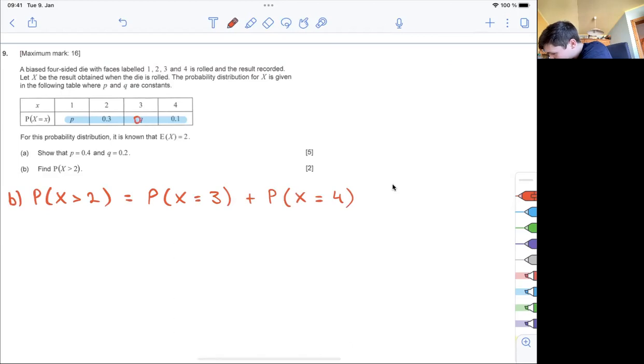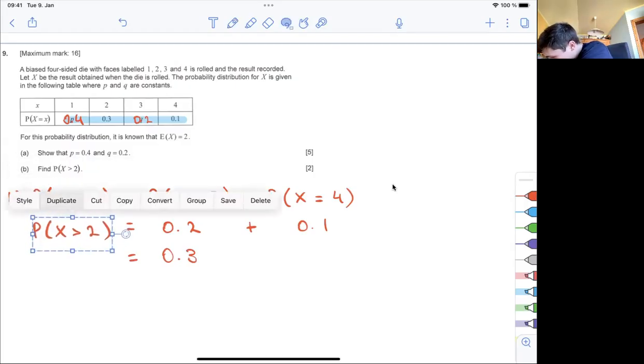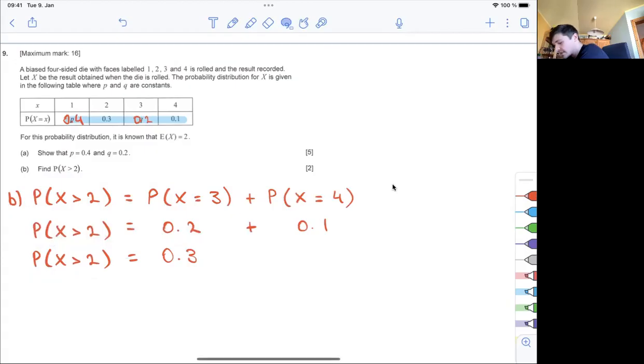We can even put 0.2 here. We can put 0.4 over the top there. And so this is going to be 0.2 plus the probability that X is equal to 4, which is 0.1. And so the answer is 0.3. And there we go. That is the answer to part B.